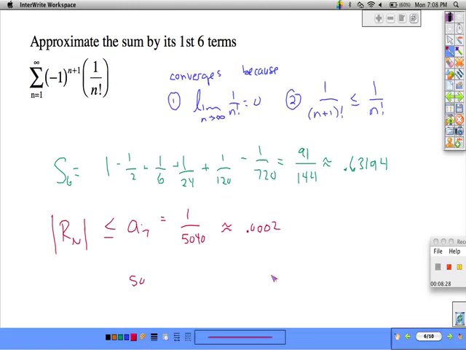So our sum will be in between that 6th partial sum plus the remainder and that 6th partial sum minus our remainder. And I can add on more terms to narrow it down even more to find a better approximation for this sum.